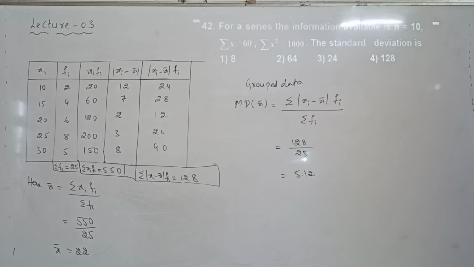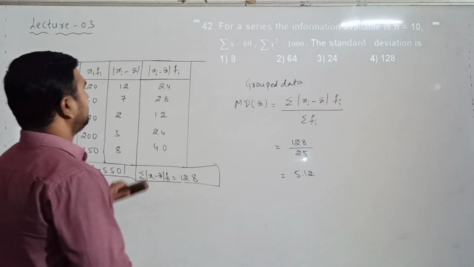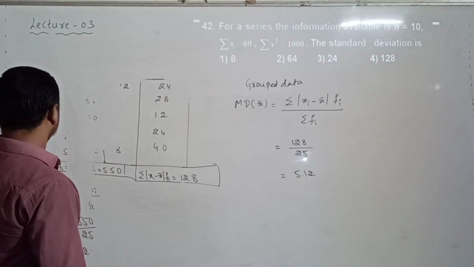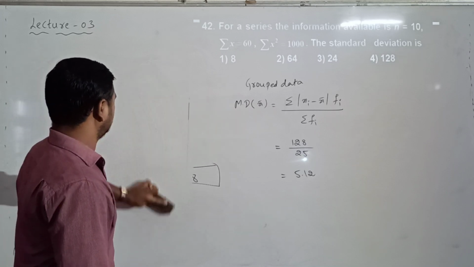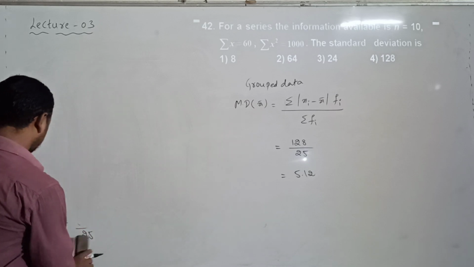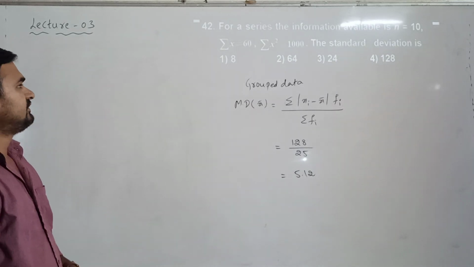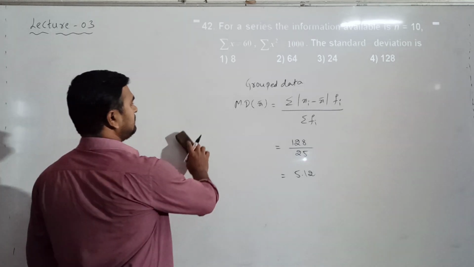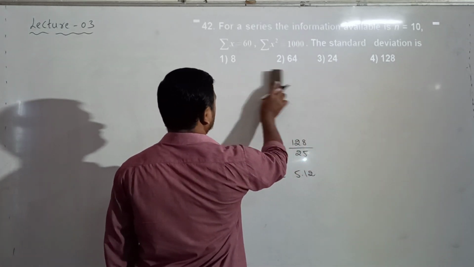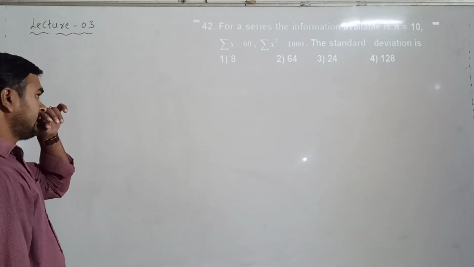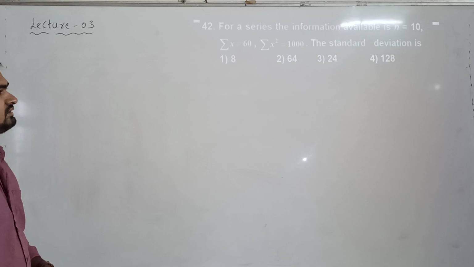Now see the next question. For a series, the information is available. N is given, 10 number of observations. Sigma x is given 60. Sigma x square is given 1000. Then the standard deviation is.